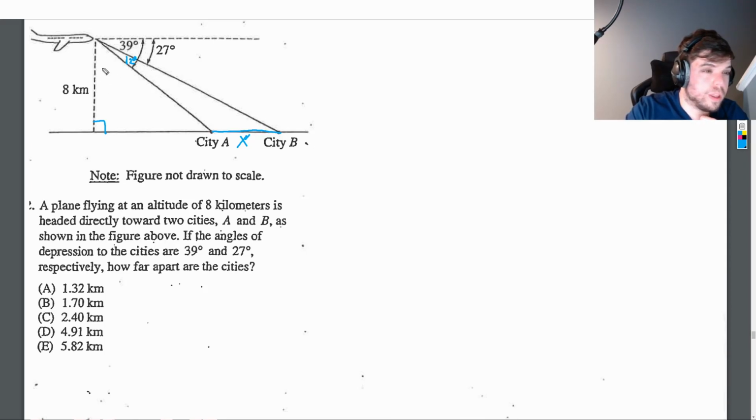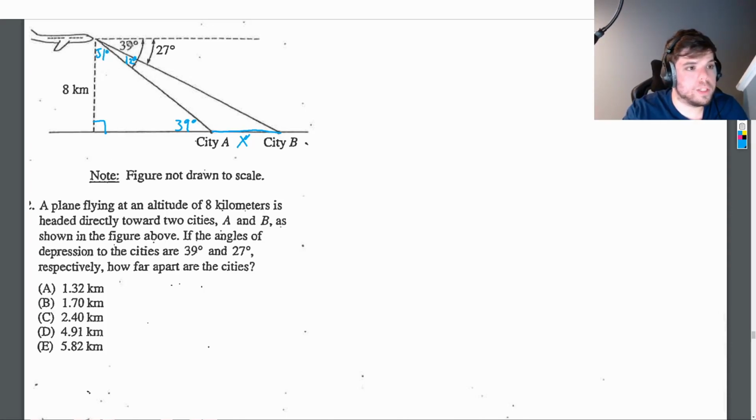We know this angle right here is 51 degrees, which means we know this angle to be 39 degrees since this is a triangle.